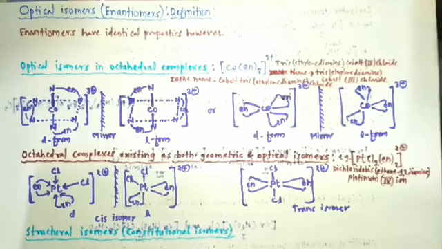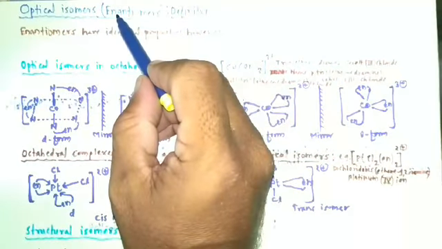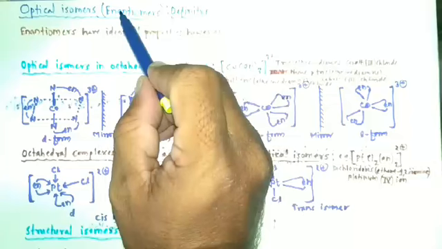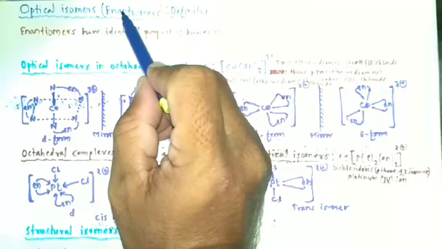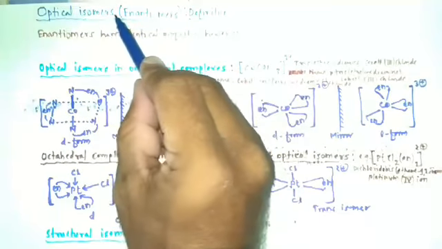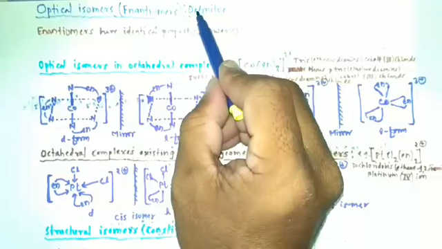So another kind of stereoisomer is the enantiomer, or optical isomers. Let's study optical isomers, also called enantiomers.